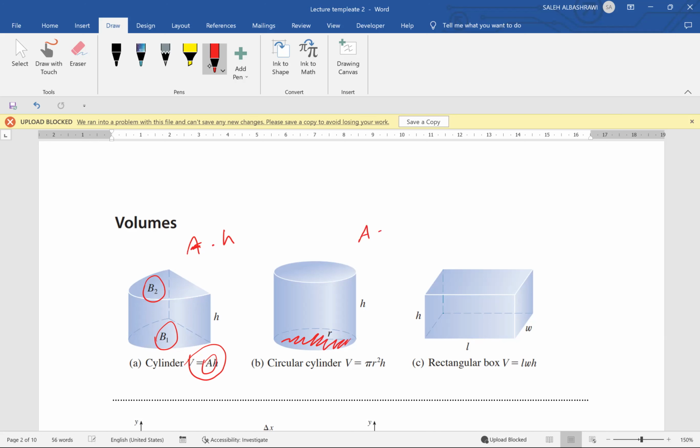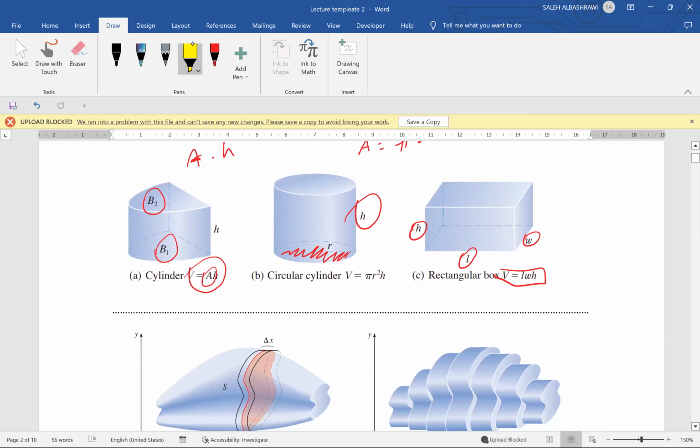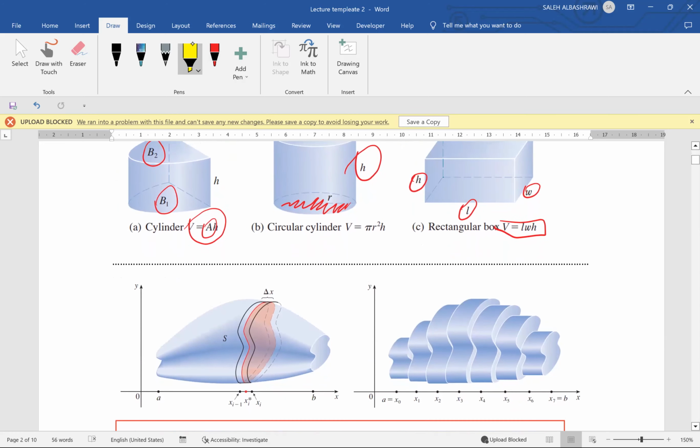So A is equal to pi R squared, multiplied by the height. That will give me the volume of the circular cylinder. If it is a rectangular box, then we multiply the three dimensions: the height, length, and the width. That will give me the volume of the rectangular box.